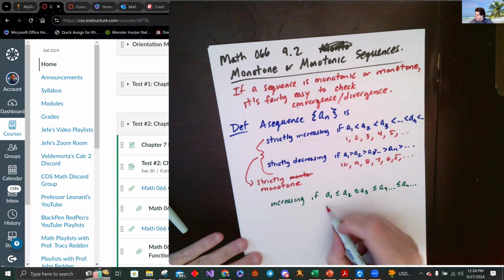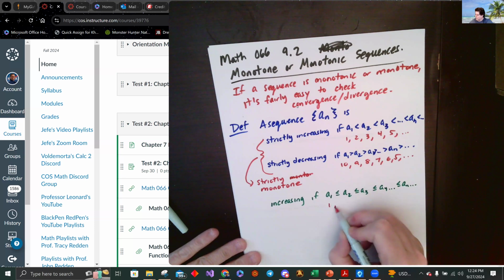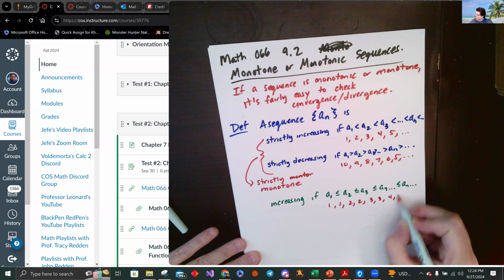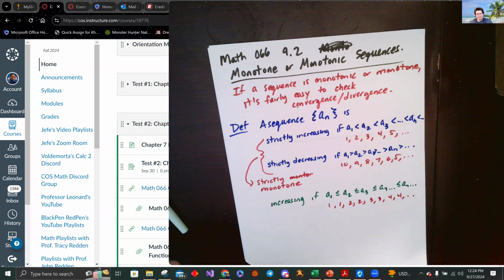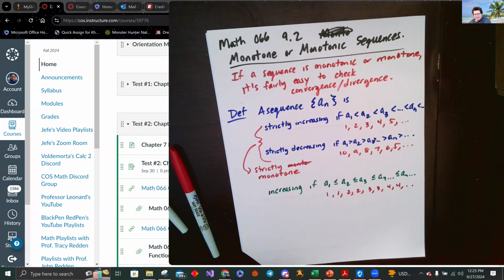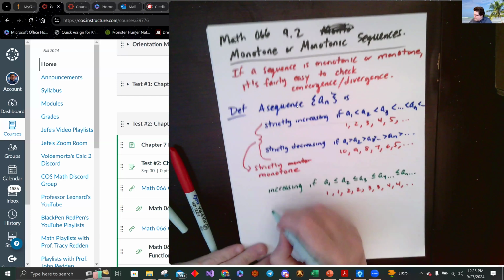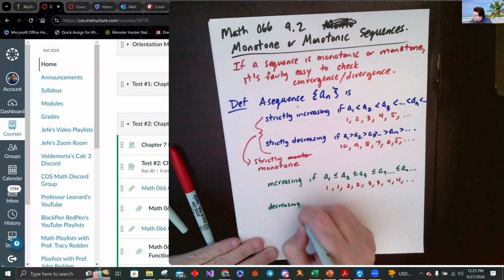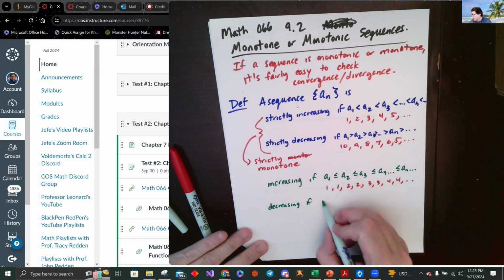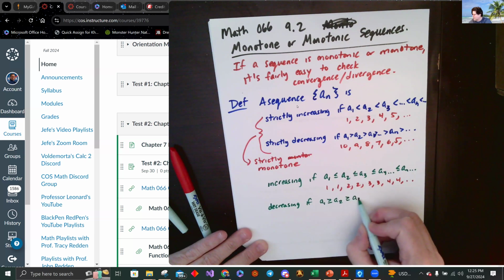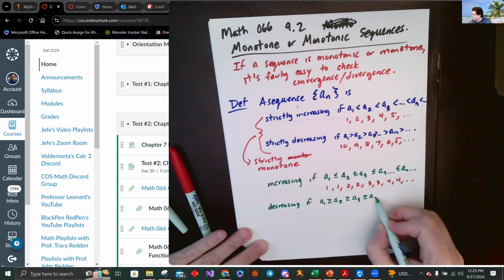So like if I had 1, 1, 2, 2, 3, 3, 4, 4, some weird sequence like that, that is, we'd like to call this, actually, let me show the decreasing one as well. Of course, it's just doing the same thing, but using the opposite inequality.